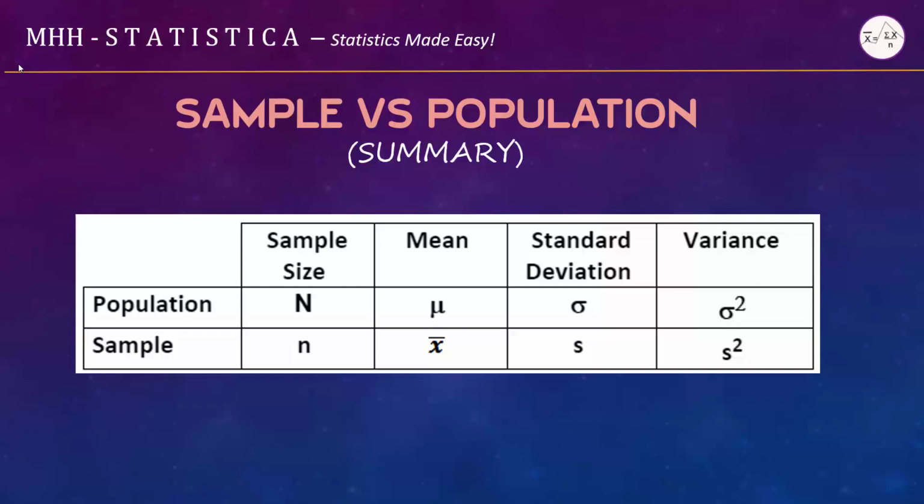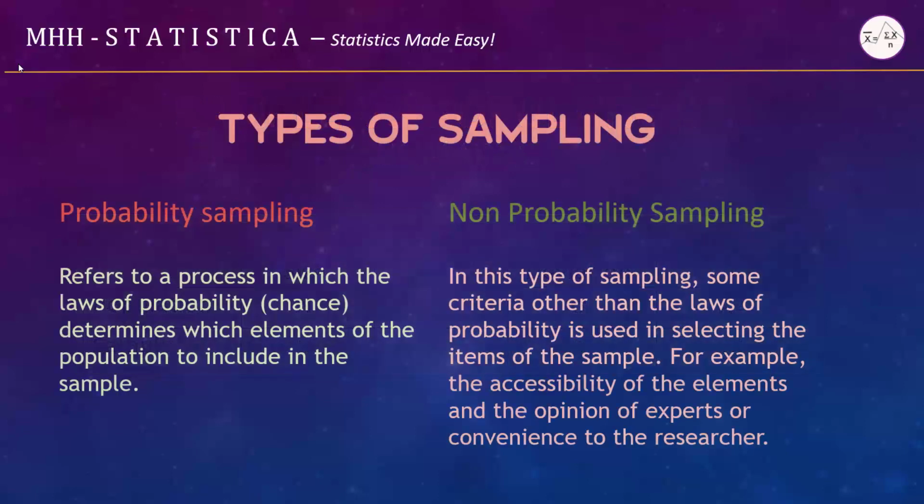Again, to draw a valid conclusion from your result, you have to carefully decide how you will select a sample that is representative of the group as a whole. In that case, we have two types of sampling, which are probability sampling and non-probability sampling.